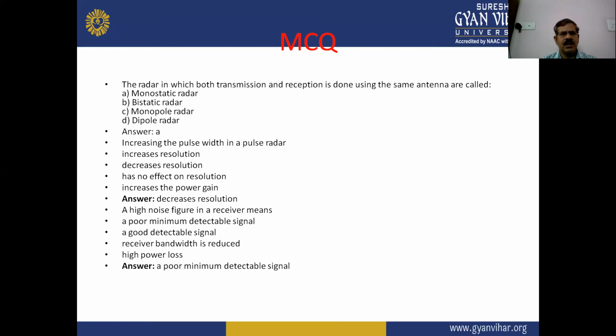So the correct answer is monostatic radar. The radar in which both transmission and reception is done using the same antenna is called monostatic radar, and that antenna is called a transceiver antenna. So the correct answer is option A.